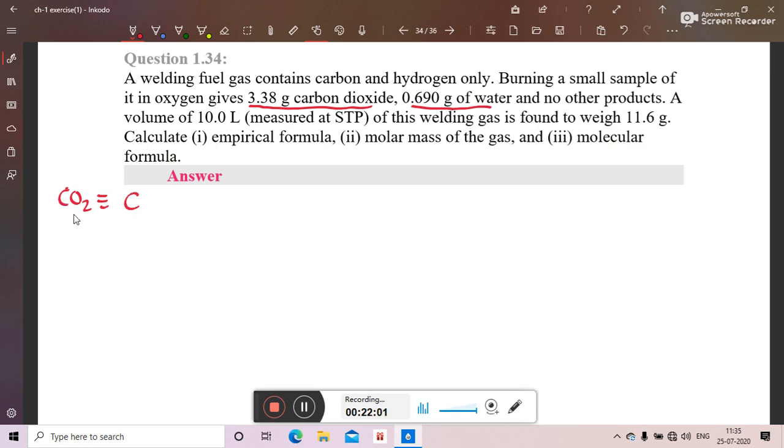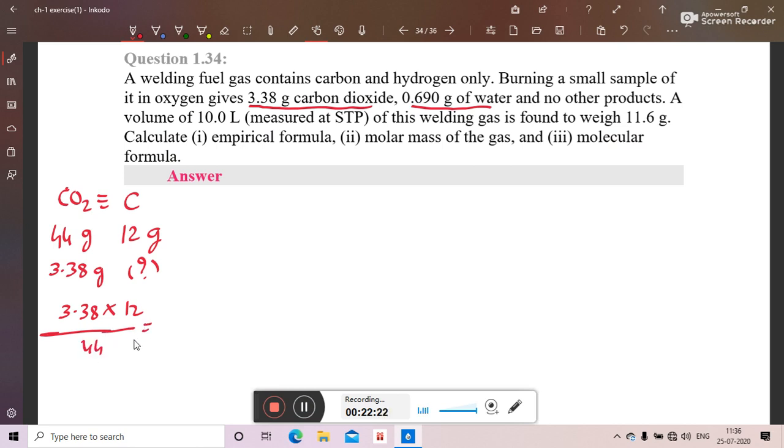Now molar mass of CO2 is 44 gram. So 44 gram carbon dioxide is produced from 12 gram carbon. Therefore 3.38 gram of carbon dioxide will be produced from what amount of carbon? So it will be 3.38 into 12 upon 44.